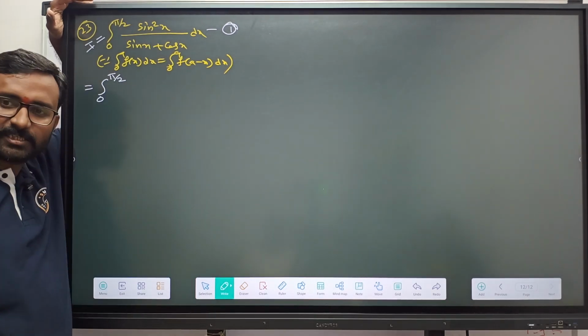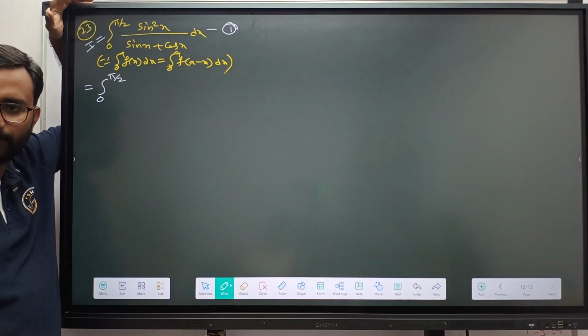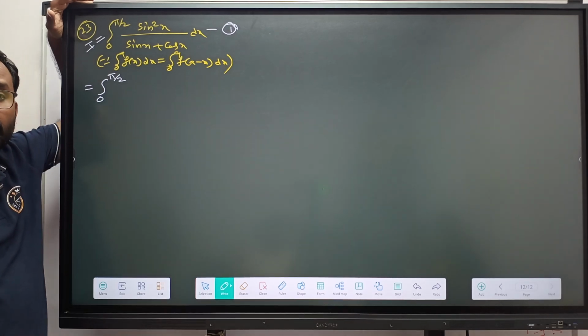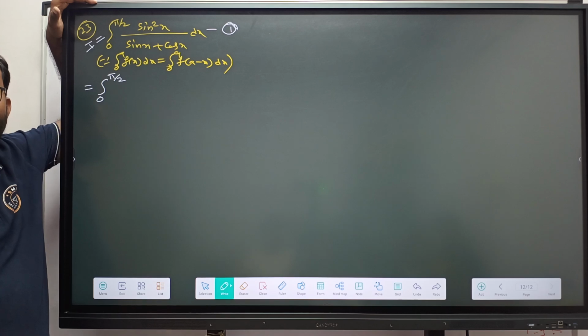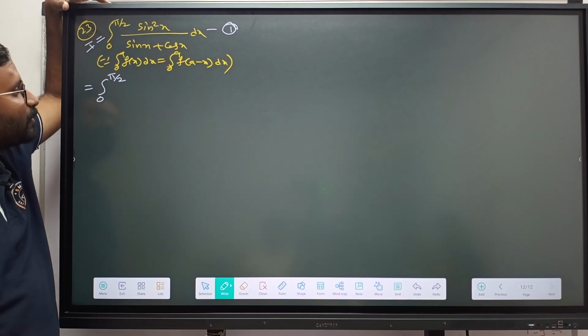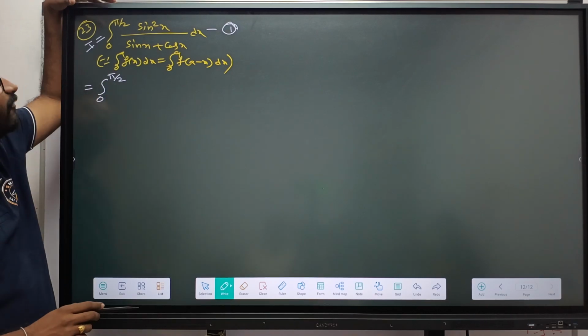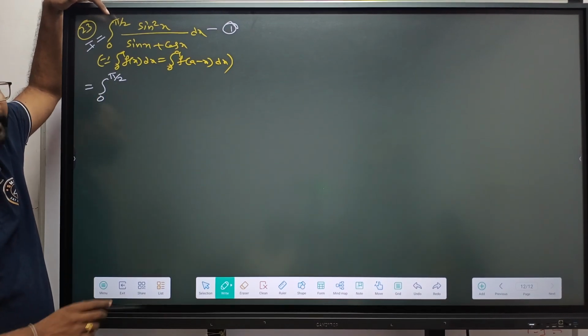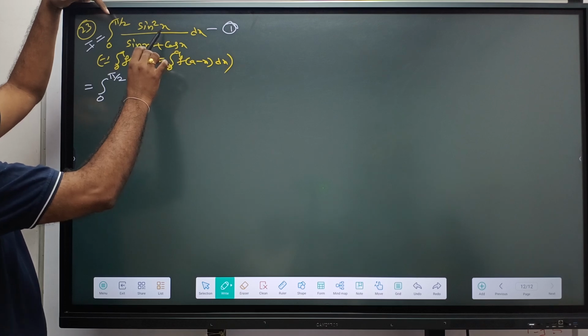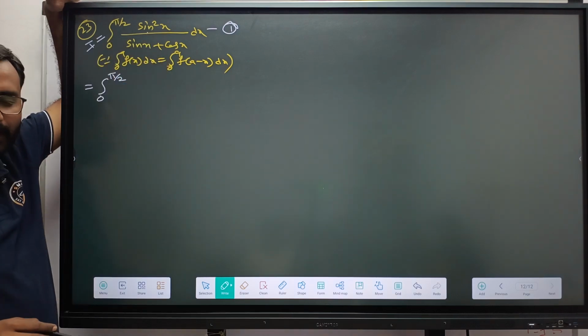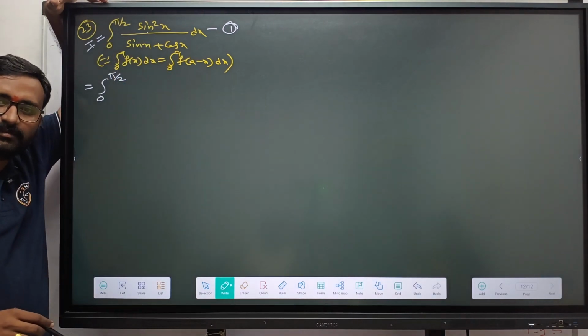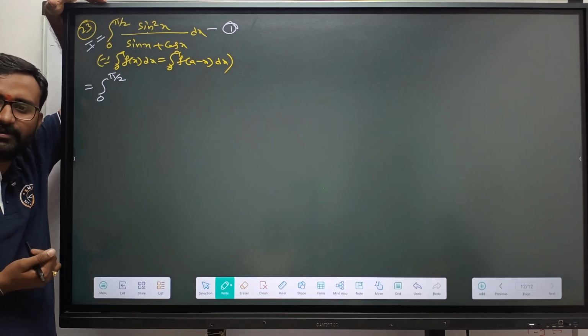Why I am writing cos square x? By the property, upper limit minus x. What is upper limit minus x? Sin of 90 minus theta. That is why I am writing it, as I said from the starting.